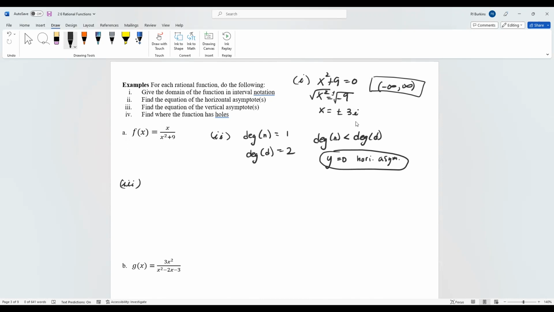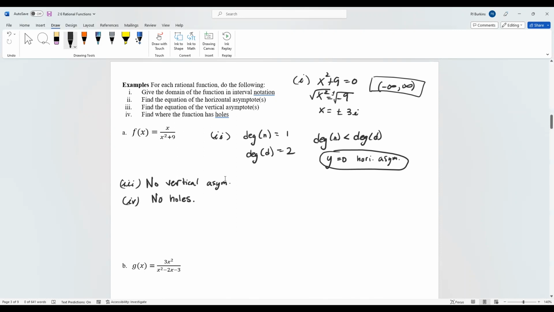So that means that there are no vertical asymptotes. Okay? The last part says find where the function has holes. Well, a hole occurs at a point where you think you might have a vertical asymptote, but you have the same factor in the numerator and denominator. And in this case, we don't have that, so there are also no holes.